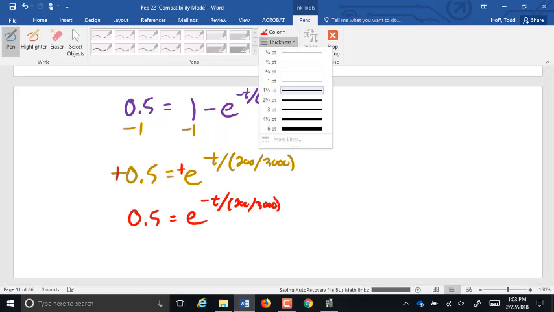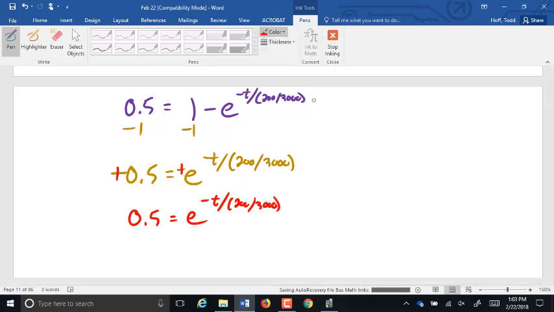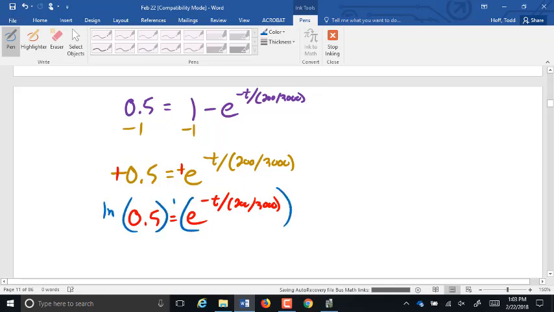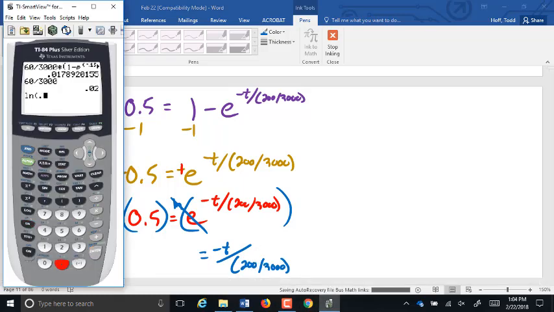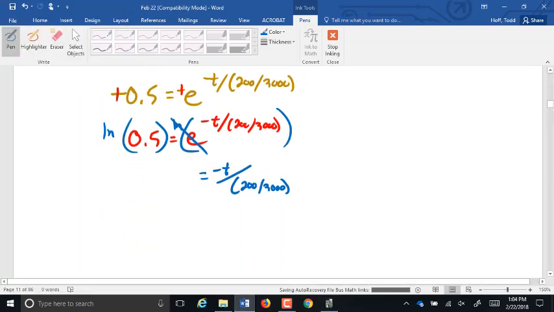Now we have to take ln, that is correct. So over here we've got negative t over 200 divided by 3,000. ln of 0.5 should be a negative 0.693.